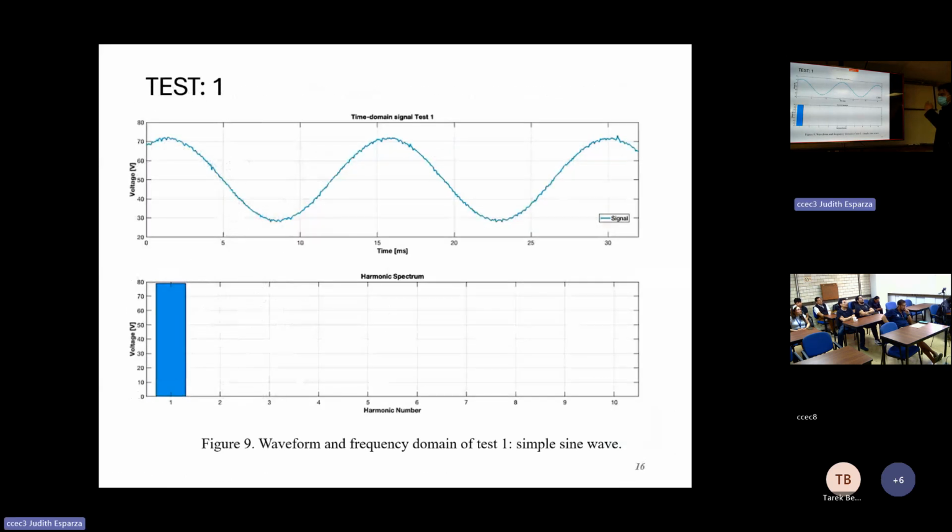This is my test one: the signal in the time domain and my signal in the spectrum.